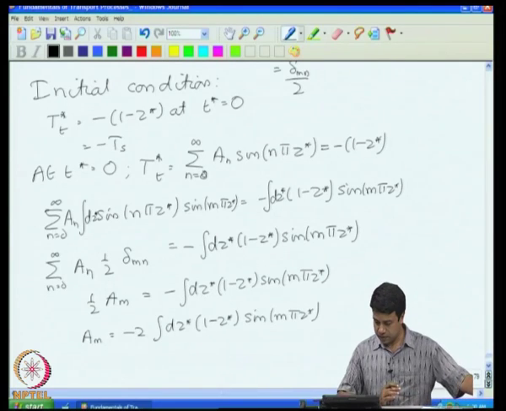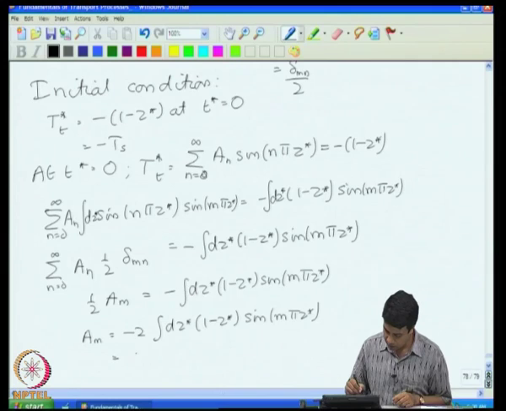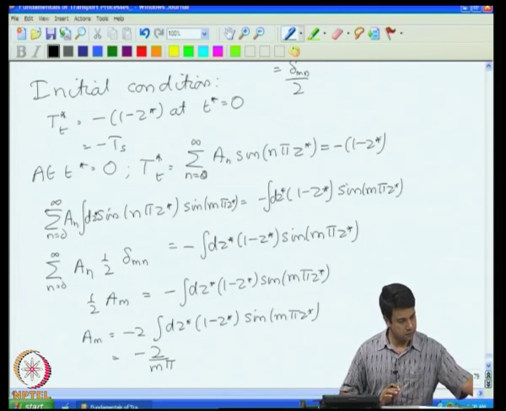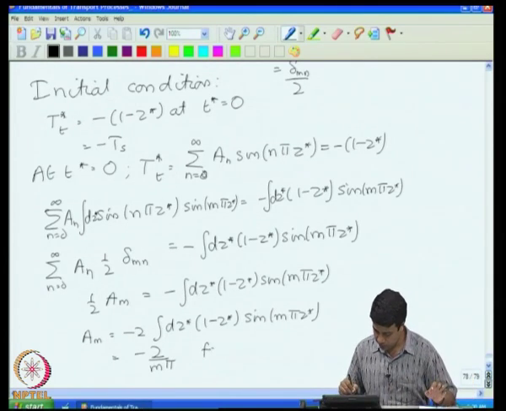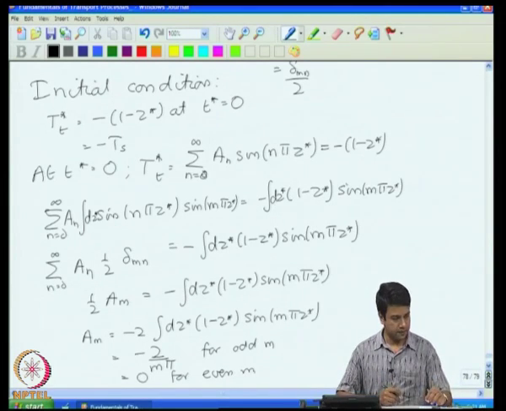And you can evaluate this constant, and this turns out to be equal to minus 2 by m pi for odd m, and equal to 0 for even m.